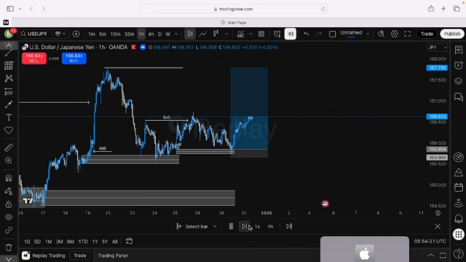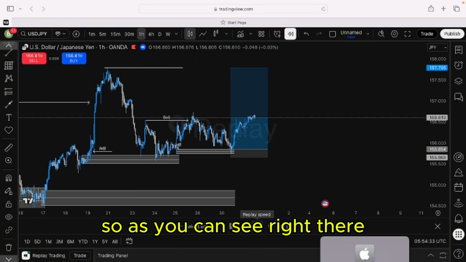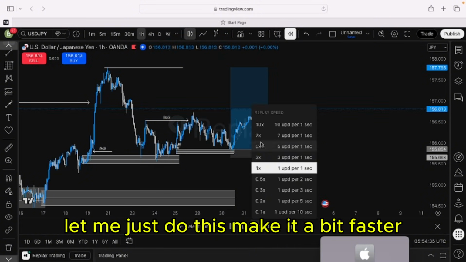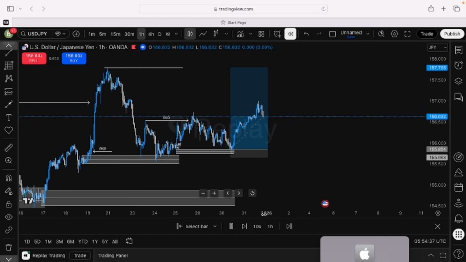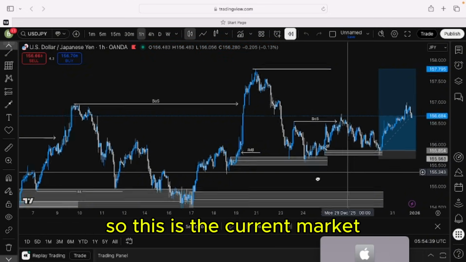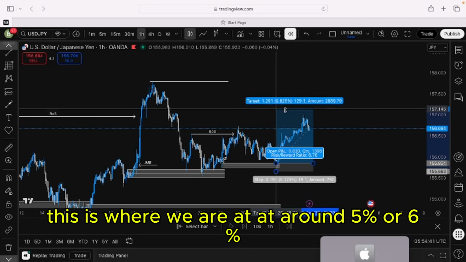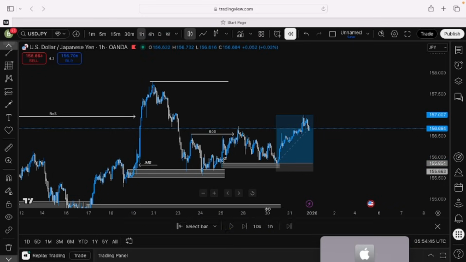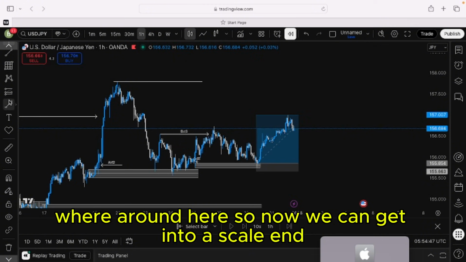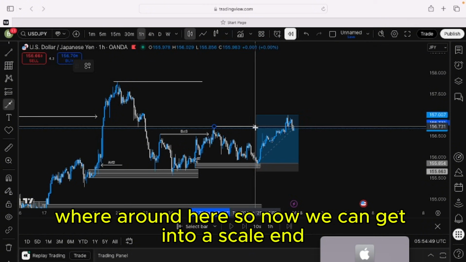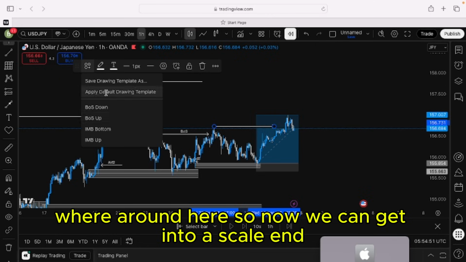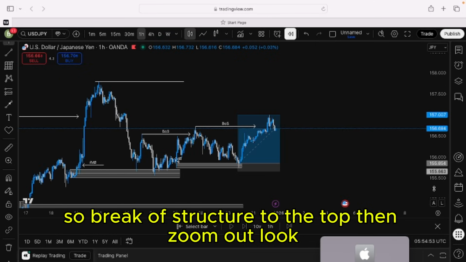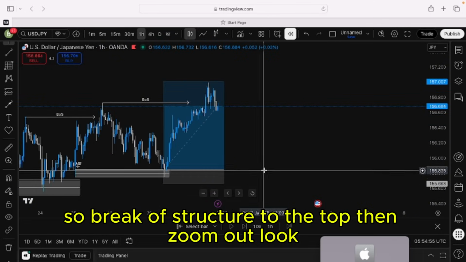So as you can see right there, let me just do this, make it a bit faster. So this is the current market. This is where we are at, around 5% or 6%. So another break of structure came up around here. So now we can get into a scale in. So break of structure to the top, then zoom out.